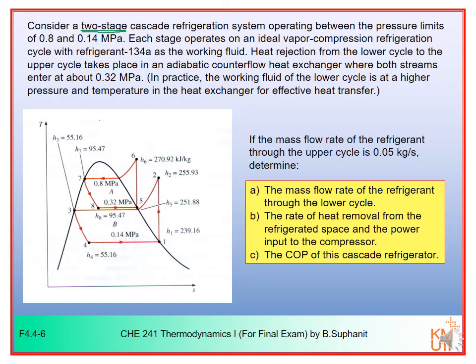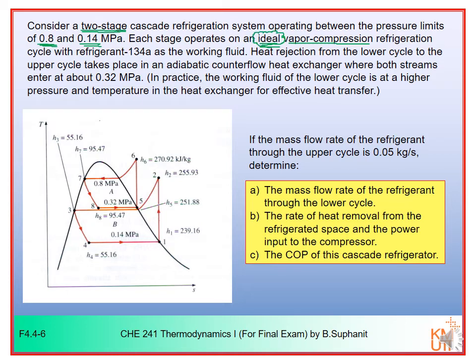They operate between the pressure limit of 0.8 and 0.14 MPa. So it means 0.8 is the highest pressure, 0.14 is the lowest pressure value. Each stage operates on an ideal vapor compression refrigeration cycle.